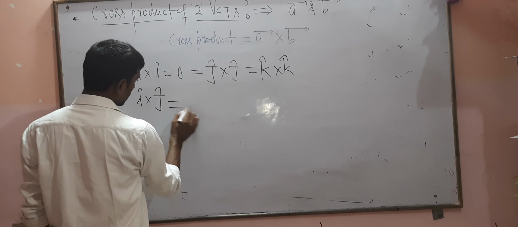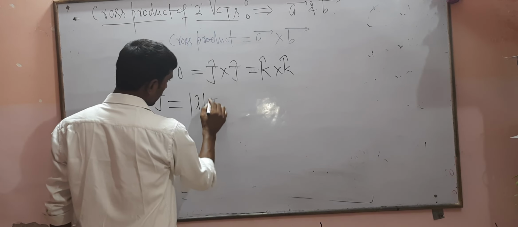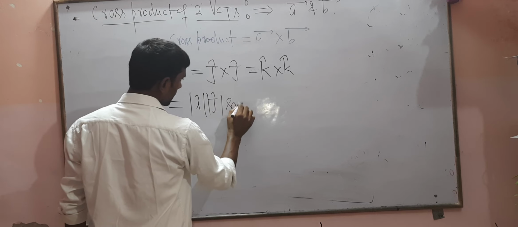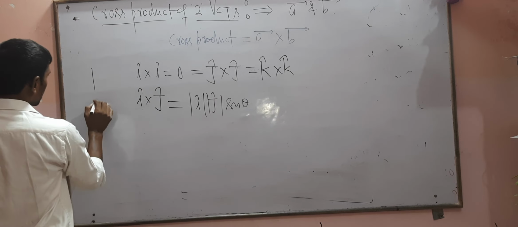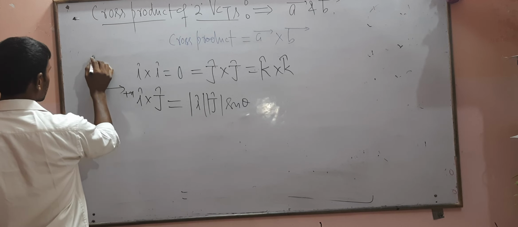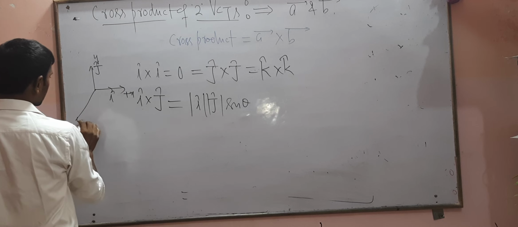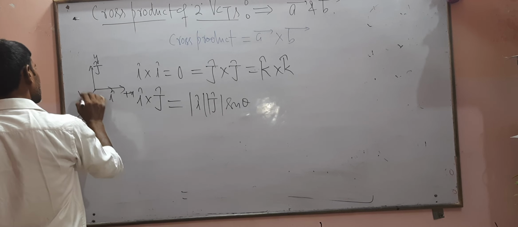And another, i cross j. What will i cross j be? It equals mod of a i cap, mod of a j cap, sine theta into n cap. i is the unit vector along the plus x direction, this is the y axis, this is the j cap, this is the i cap, and this is the z axis. Z axis is the k cap.